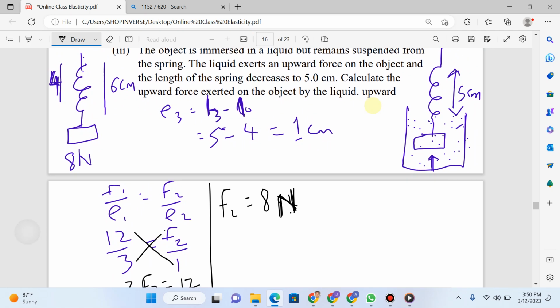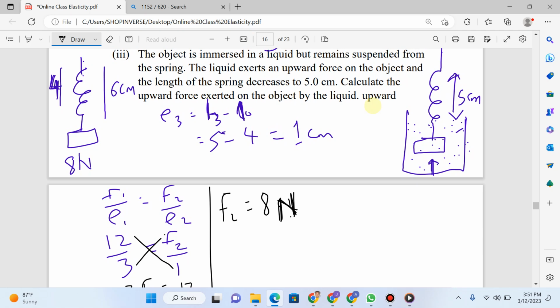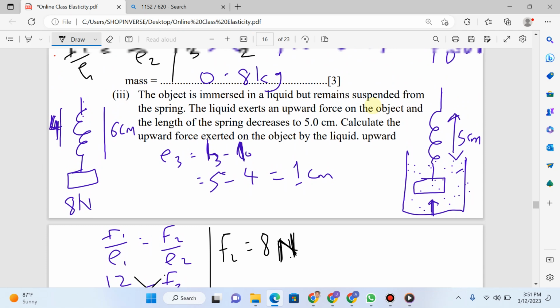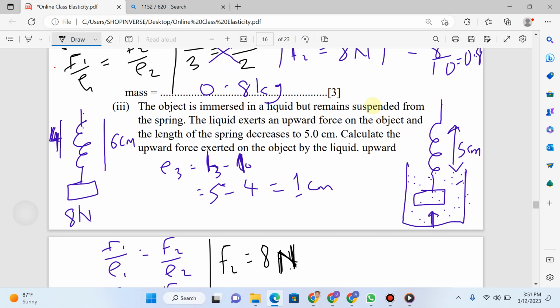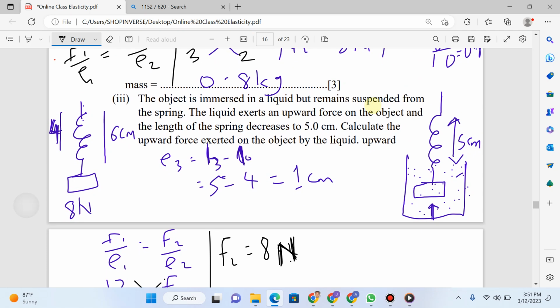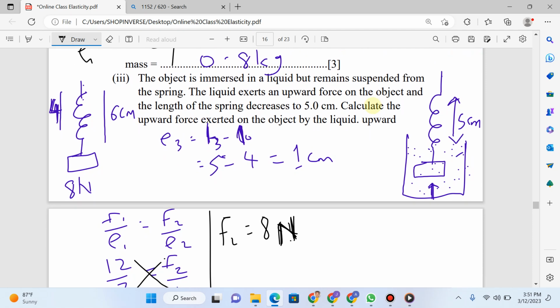This is not correct. 8 Newton. Let's see. How do you get the magnitude of the resisting force?